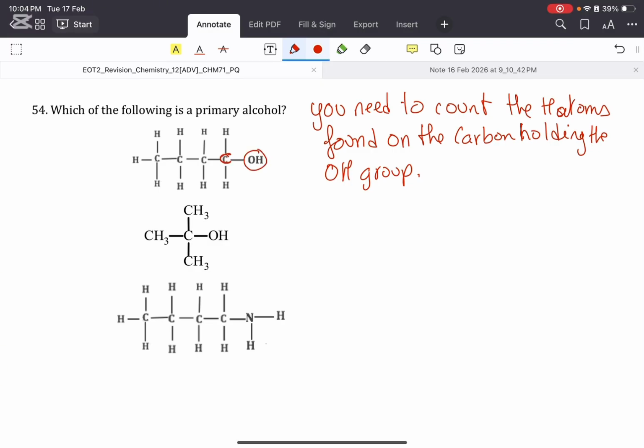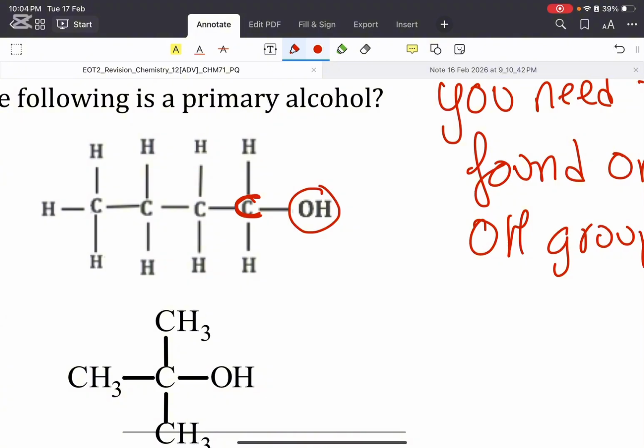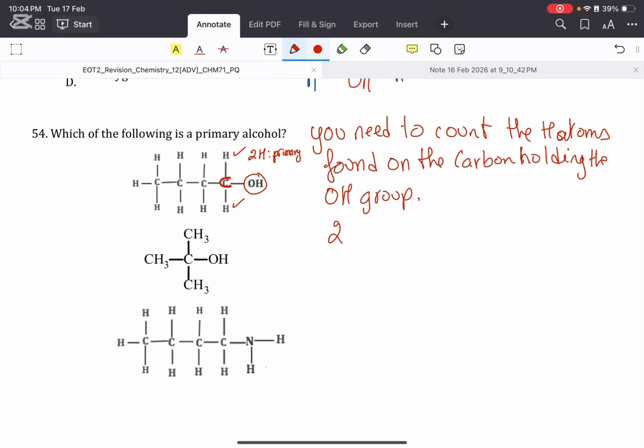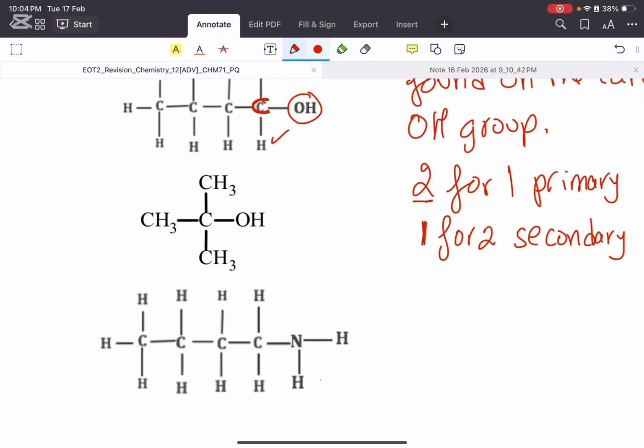Here's the OH and this is the carbon holding it. So how many hydrogens on it? 2 hydrogens. It means that it is a primary alcohol. Memorize this expression: 2 for 1, 1 for 2. So when you count 2 hydrogens, you will say primary. When you count 1 hydrogen, you will say secondary. When you count no hydrogens, you will say the third option, tertiary. So this one is a primary alcohol.